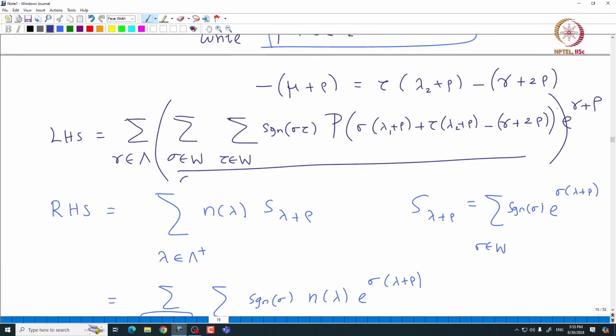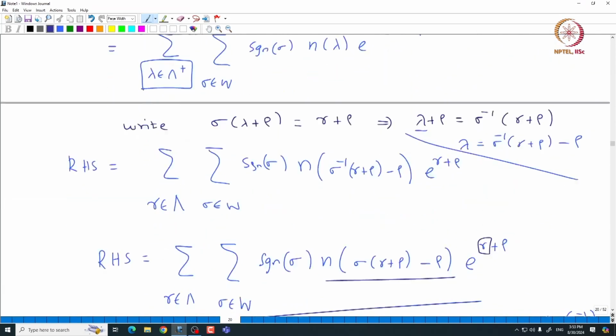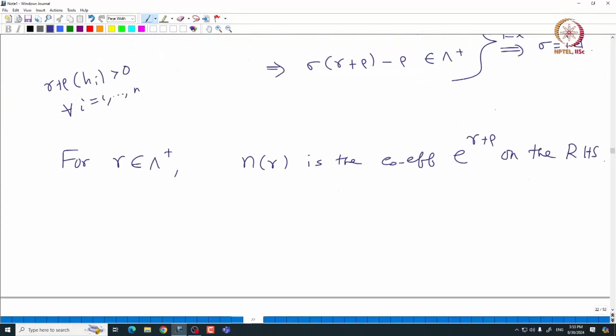So, that is what you see in the Steinberg's formula. So, that is exactly given by summation sigma in W, summation tau in W, sine of sigma tau, P of the partition function applied on the sigma lambda 1 plus rho plus tau of lambda 2 plus rho minus gamma plus 2 rho. So, this proves the formula.